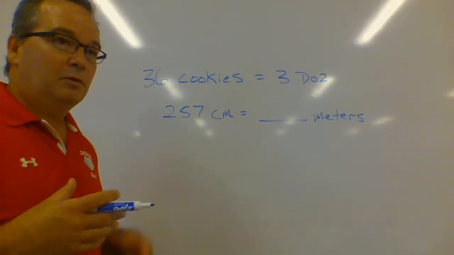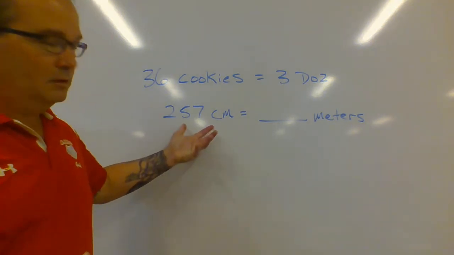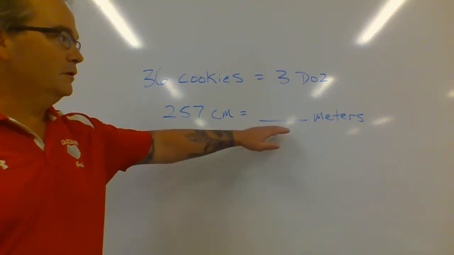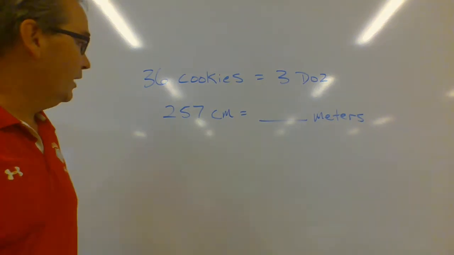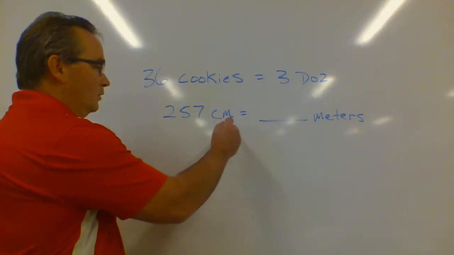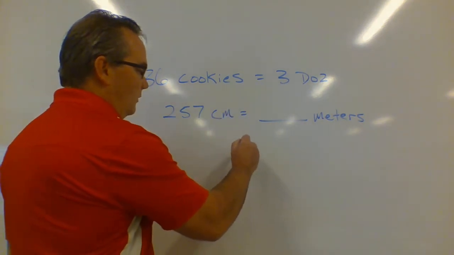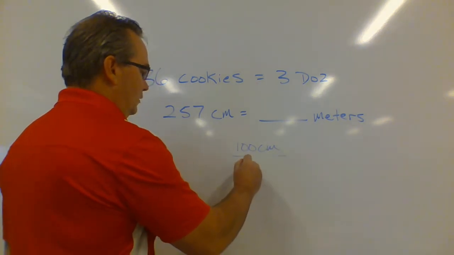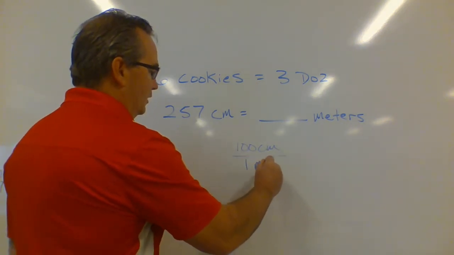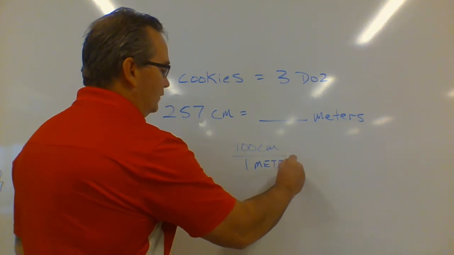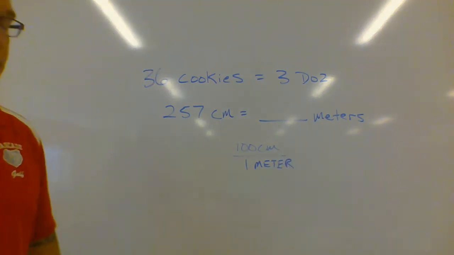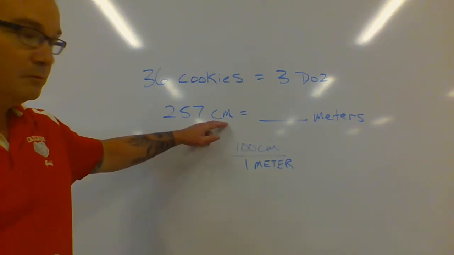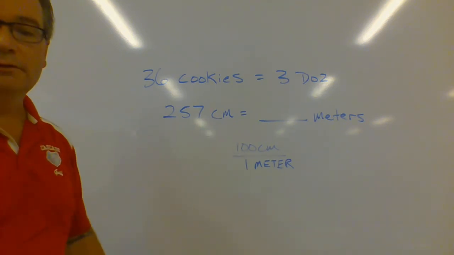And you can multiply any unit that you have a conversion factor for to convert it to another unit. So if we're going to do this conversion, all we have to do is know that there are 100 centimeters in 1 meter. Then what you do is you set it up as a problem so that the unit that you have, which is centimeters, will cancel out.